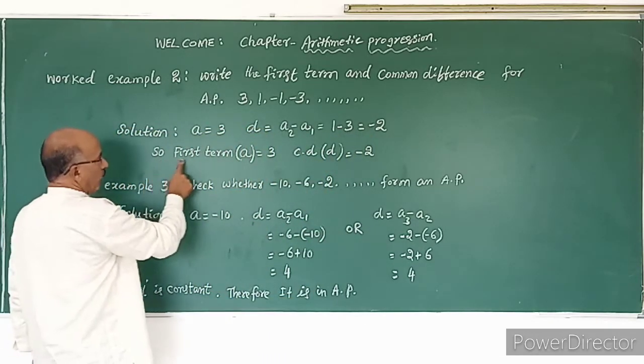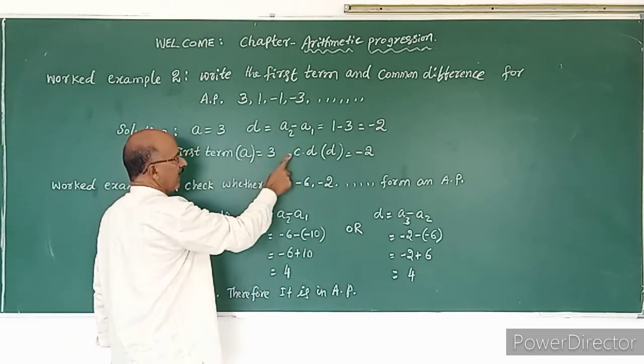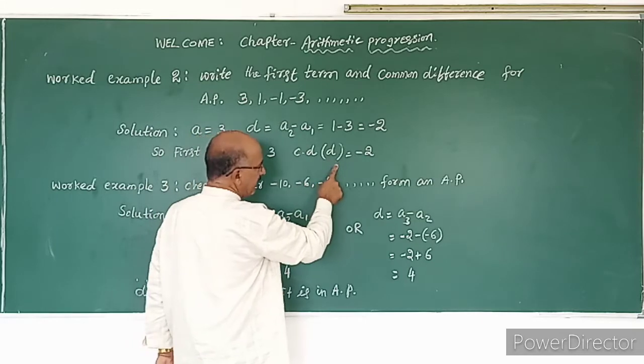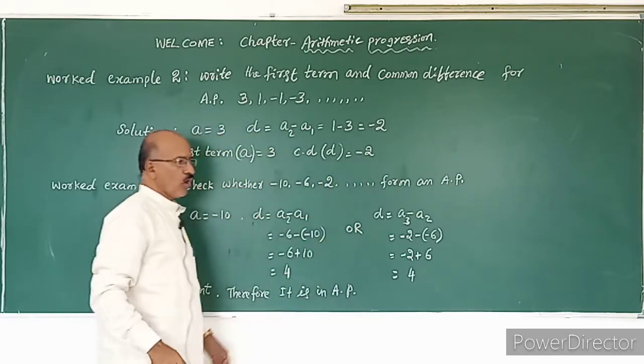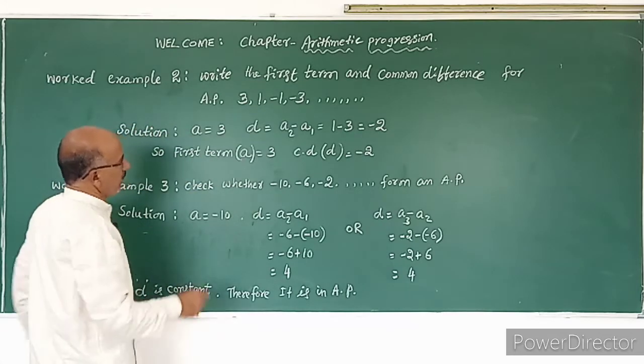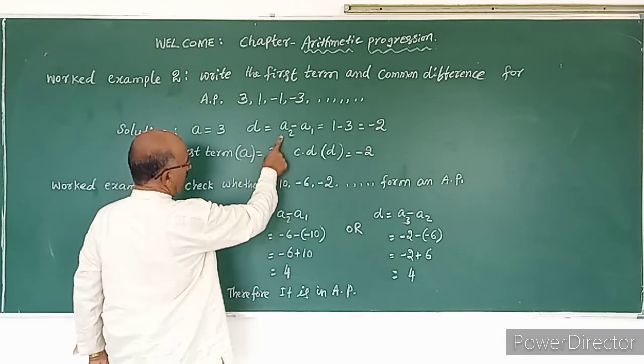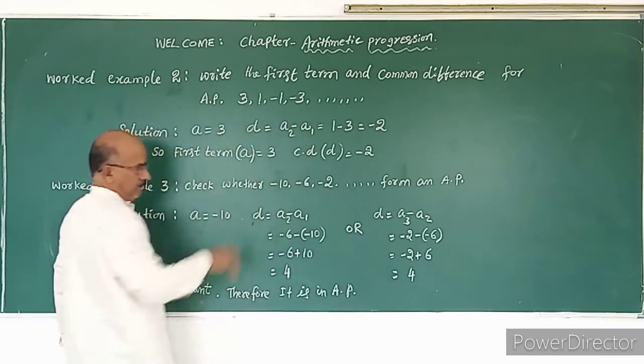So, first term A is 3 and common difference D is -2. In this example, we can find the common difference easily by taking the difference of the second term and the first term.